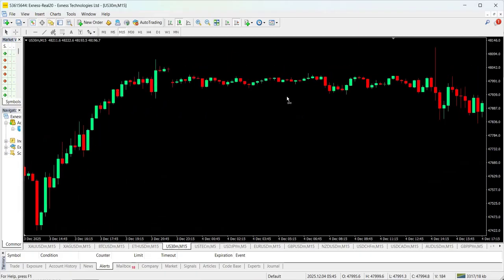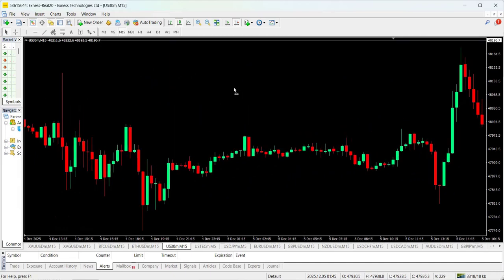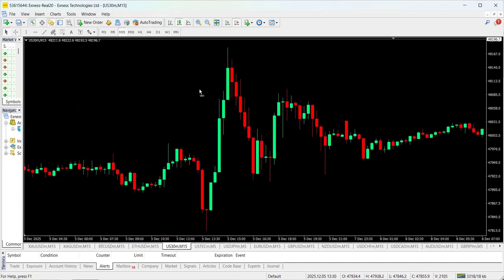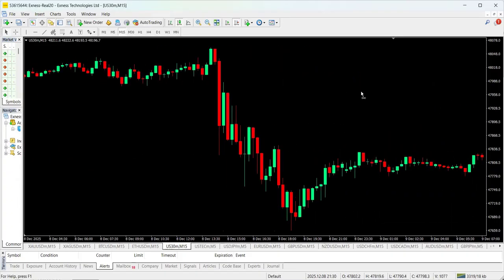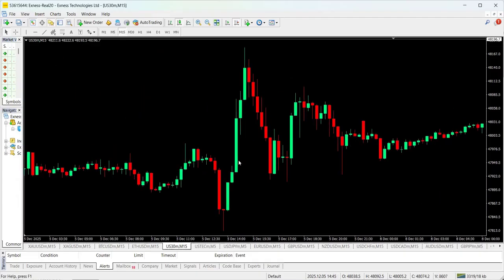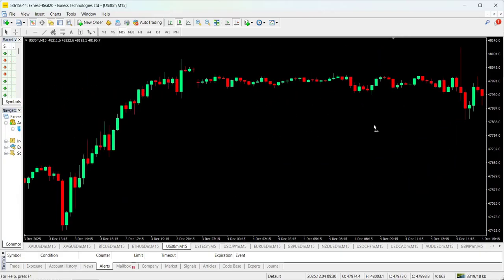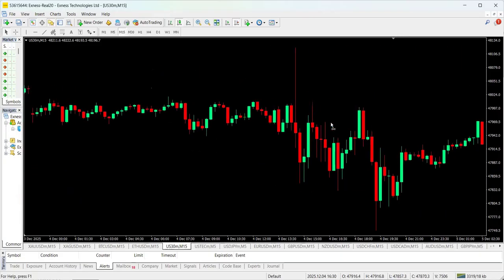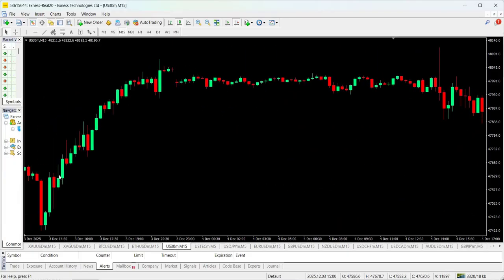Now let's see if we can find one more opportunity, right? So we just have to find our trend. Now remember, like I said, you can always find your trend even when the market is not behaving properly. All right, but we are using the clear ones. Like if you look here, you may be able to find your trend.